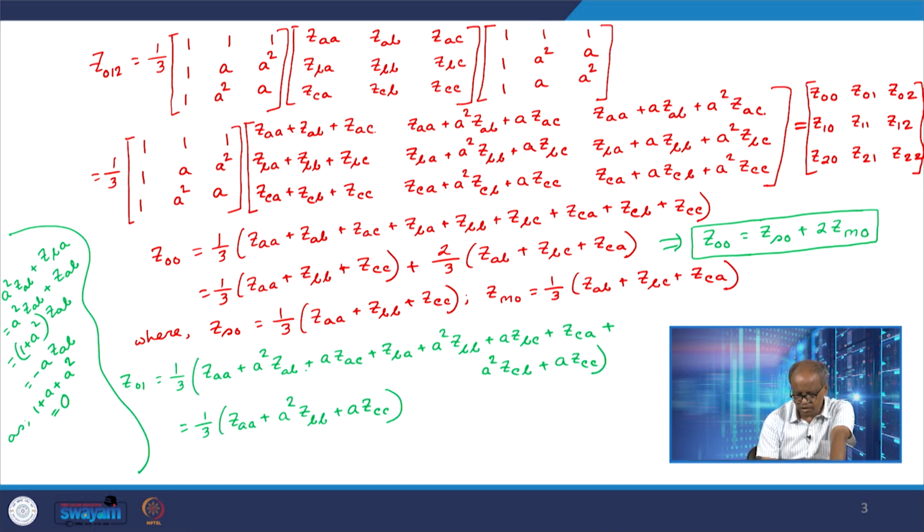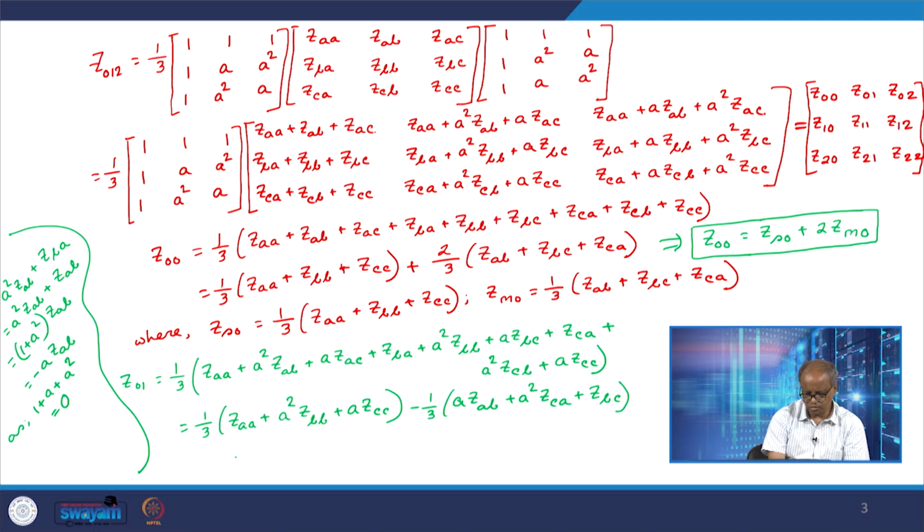So combining A square ZAB and ZBA comes out to be minus 1 by 3 into A ZAB. Combining A ZAC and ZCA would be minus A square ZCA, and combining A ZBC and A square ZCB will be minus ZBC.